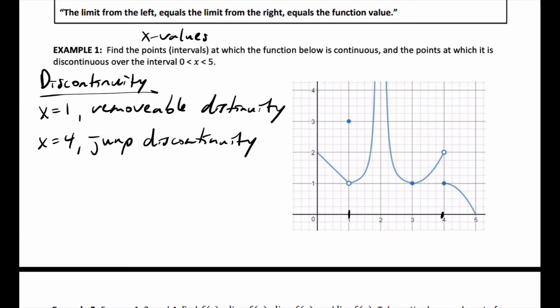One more. X equals 2. What is that called? Non-removable. Non-removable discontinuity.